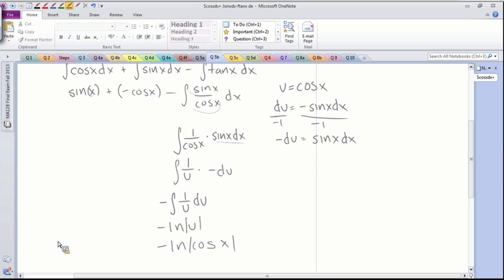So put everything together. We have sine x minus cosine x minus ln of cosine x. Now remember, plus c.